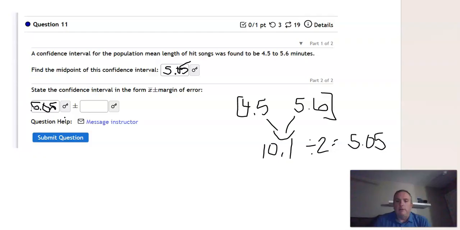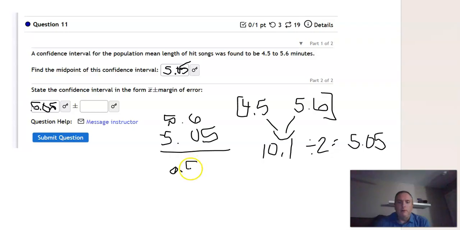So it doesn't matter which one you find, since it's smack dab in the middle, we're equally able to calculate it from one end to the other. So I'm just going to take the upper limit, 5.6, subtract my midpoint, 5.05, and that gives me 0.55.